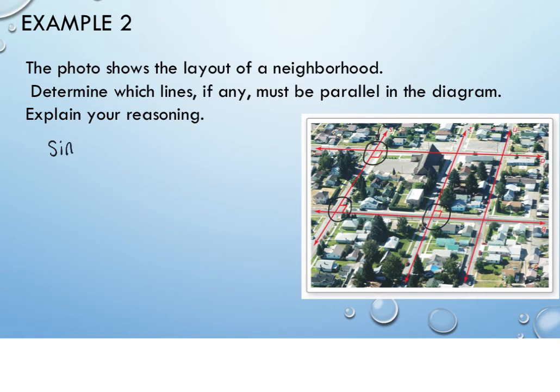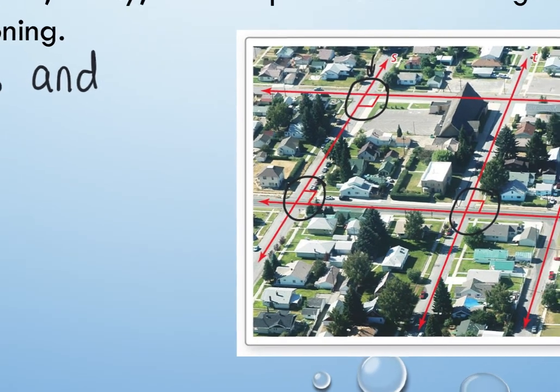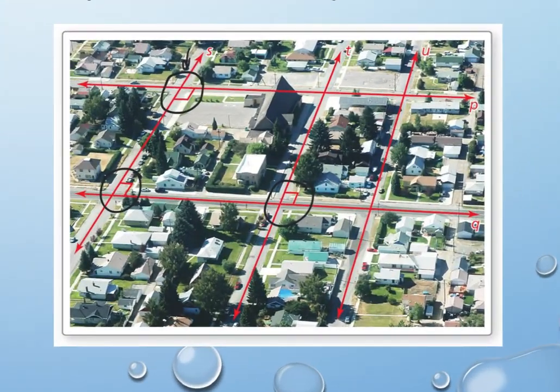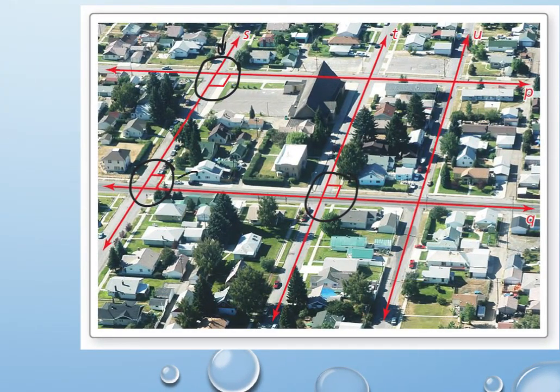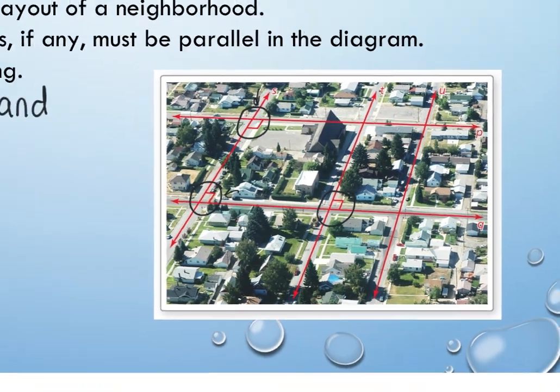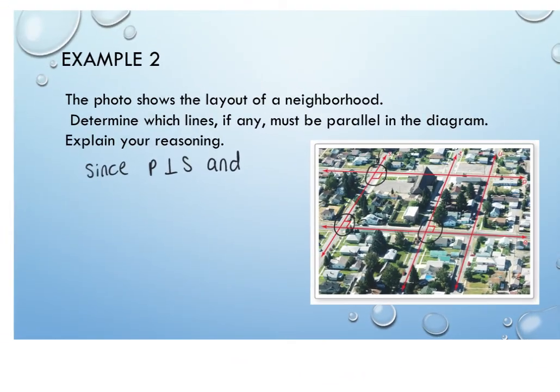So since P is perpendicular to S, and I see that not only is P perpendicular to S, but so is Q, because I look down here and I see that Q is also perpendicular to S. That forms a 90-degree angle.